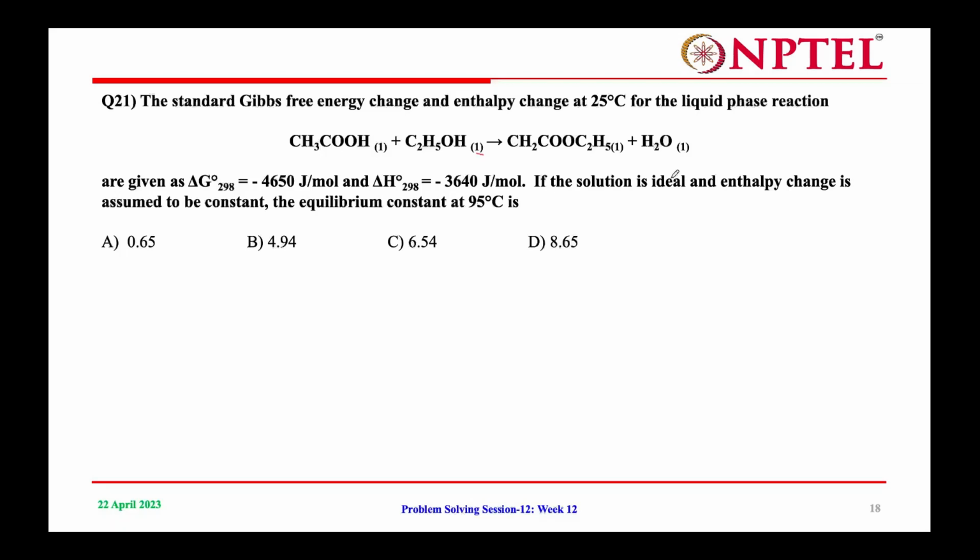If the solution is ideal and the enthalpy change is assumed to be constant, what is the equilibrium constant at 95 degrees Celsius? So you have to calculate the K value at 95 degrees Celsius.